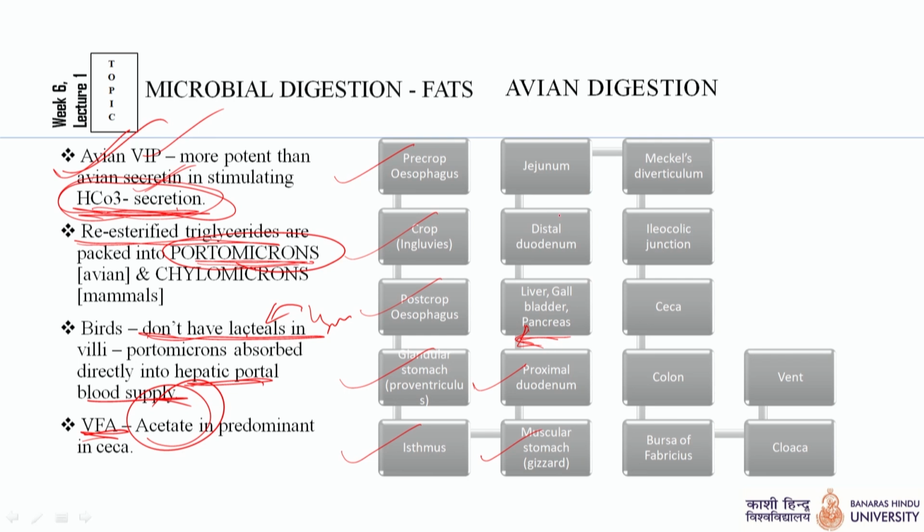Then the distal duodenum, jejunum, and Meckel's diverticulum, which is a remnant of the yolk sac. Then the ileocolic junction, ceca, colon, bursa of Fabricius, and cloaca. The cloaca is a common opening for 3 different systems in birds: the reproductive system, the urinary or excretory system, and the digestive system.